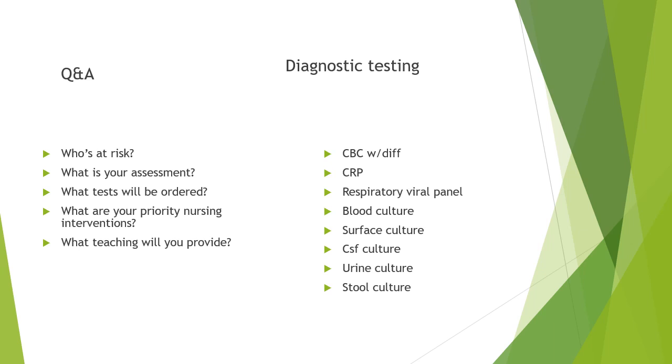If you have blisters or skin lesions, you can culture those. CSF, spinal culture would be really only if you have a patient who's having neurologic symptoms in addition to whatever else they're presenting with, and you want to screen for meningitis. And then urine and stool culture.